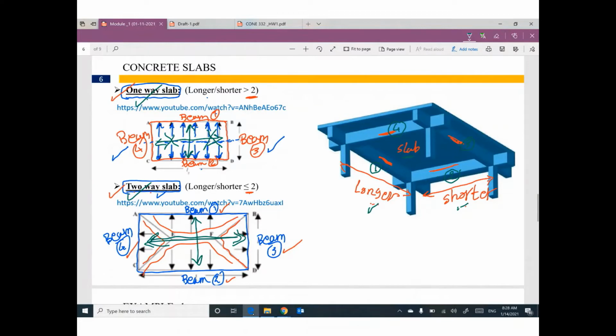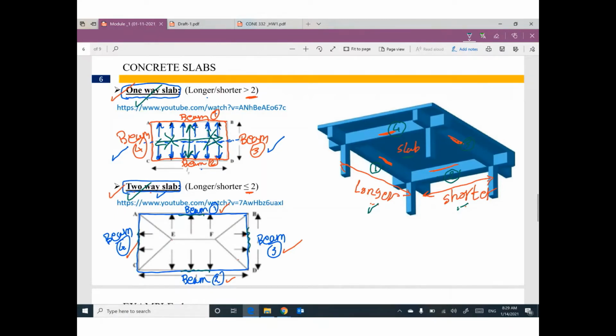I can tell you what is the type of this slab. Is it one way or two way? Okay, I understand this point. How can I determine what is the portion assigned to this beam and the area assigned to this beam and the area assigned to this beam and the area assigned to this beam?